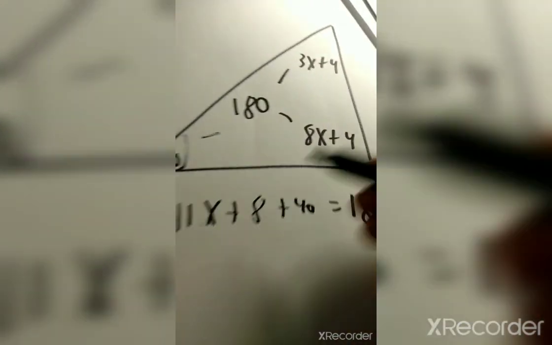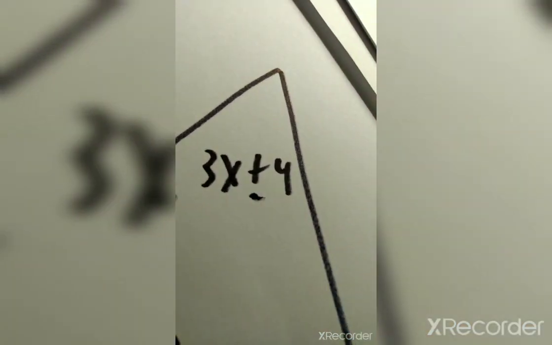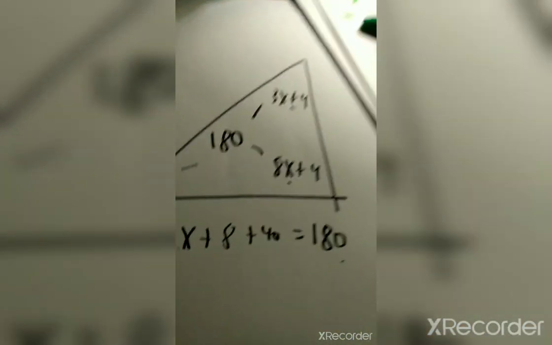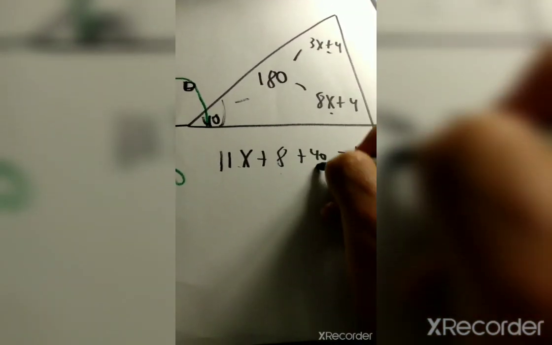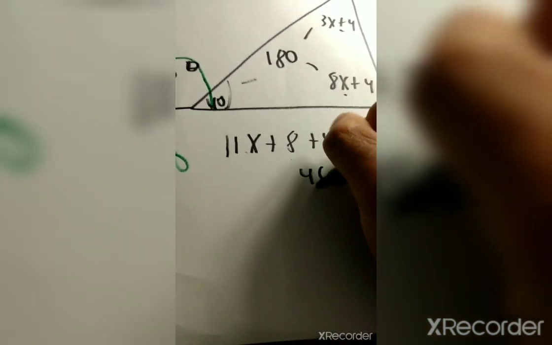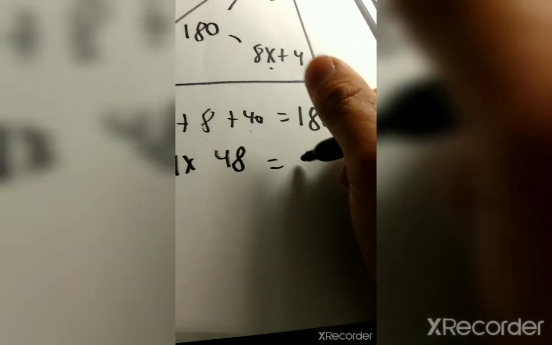The 11x came from this equation and that equation being added together: 3x plus 8x is 11x. The 8 and the 40 make 48. So we have 11x plus 48 equals 180.